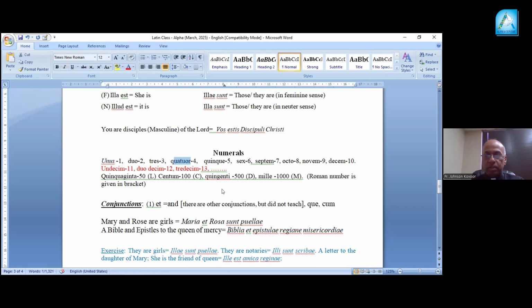Quinque, as in quinquennial report, a five-yearly report. Sex, septem, octo, novem, decem.